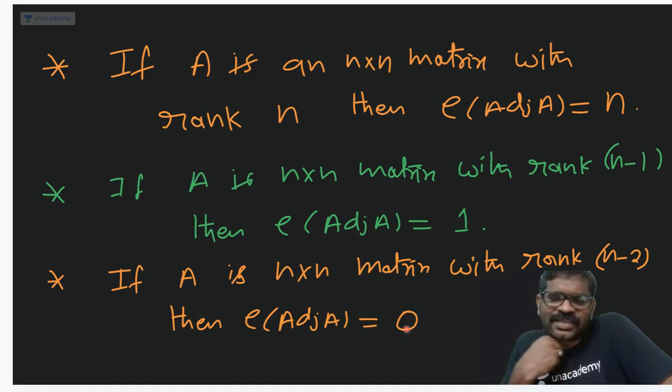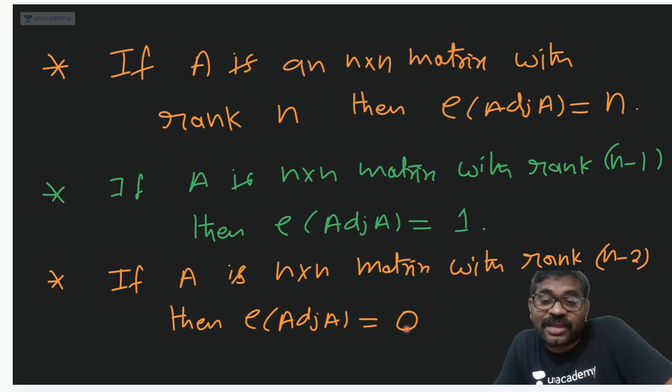Sir, A is n cross n matrix. In all the cases, A is n cross n matrix. First case, rank of A is n, rank of adjoint A is n. Second case, rank of A is n minus 1, rank of adjoint A is 1. Rank of A is n minus 2, rank of adjoint A is 0.